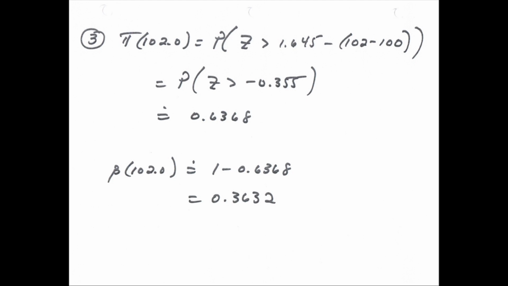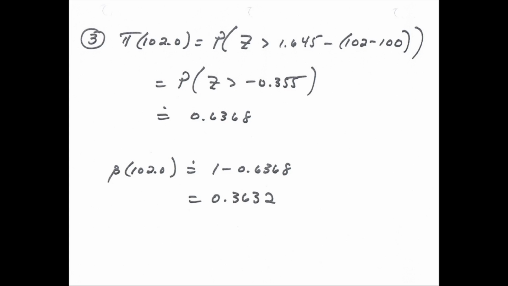Finally, let's look at the power function and the beta function, both evaluated when mu is equal to 102. So the power function evaluated at mu equal to 102 is obtained by plugging 102 into the expression that we came up with a few slides back.